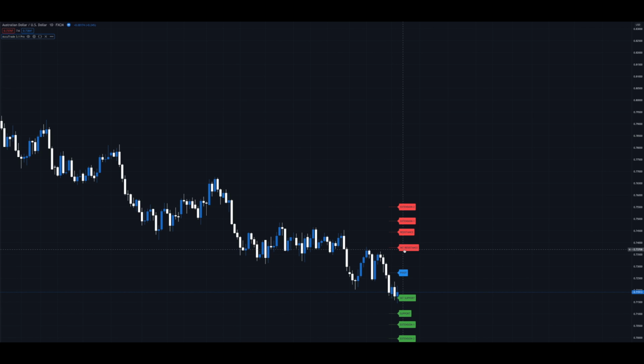So what you can do a lot of the time is you can actually place entries in advance if the market isn't moving too crazy. And what you can do is you can place your entries here and same on the bottom.